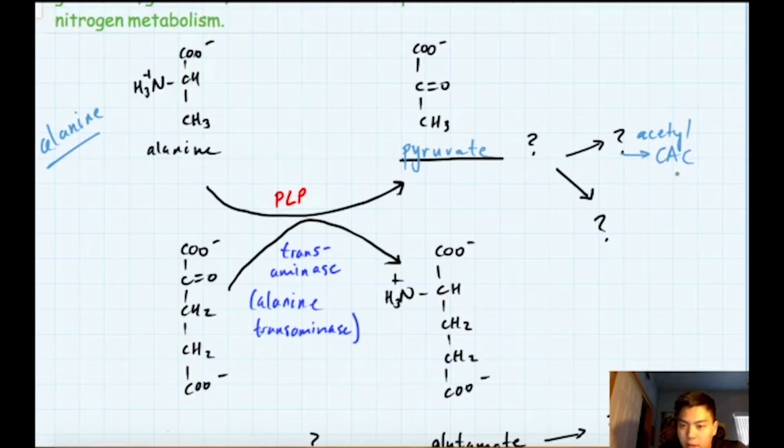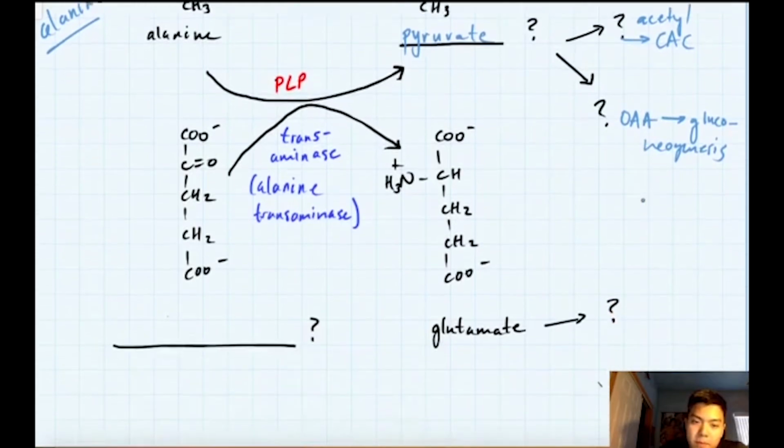Or, if it enters this citric acid cycle, remember in the citric acid cycle, one of the intermediates was oxaloacetate, and this can enter gluconeogenesis, right? And so pyruvate can be used eventually in the long run in gluconeogenesis to make sugar, or it can enter the citric acid cycle to make redox currency for electron transport chain and ATP production, right?